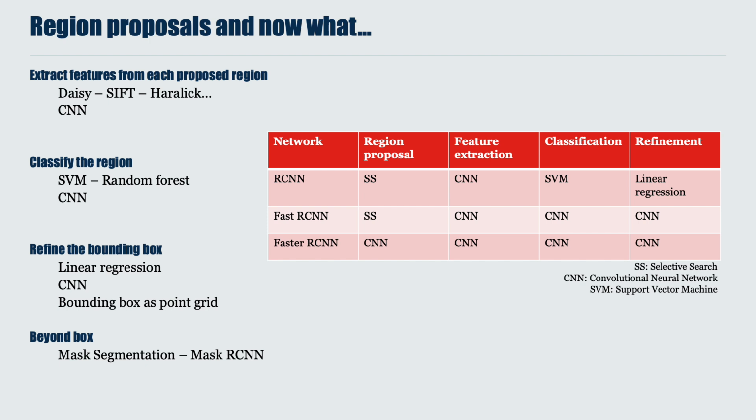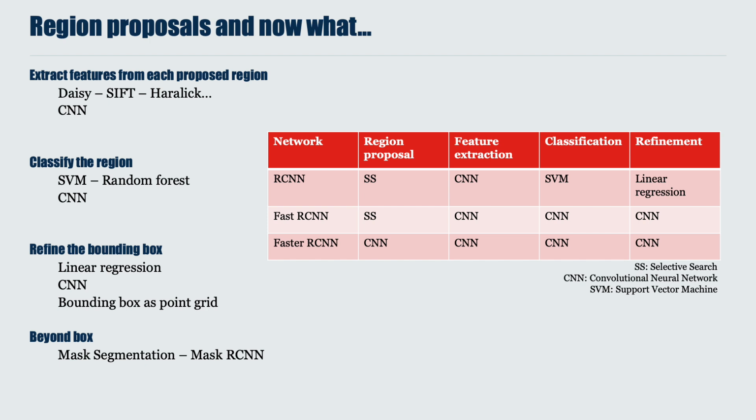And so in the tables that you have here, you have the evolution of the network from the first RCNN network to the Faster RCNN that we will focus on implementing during this week.